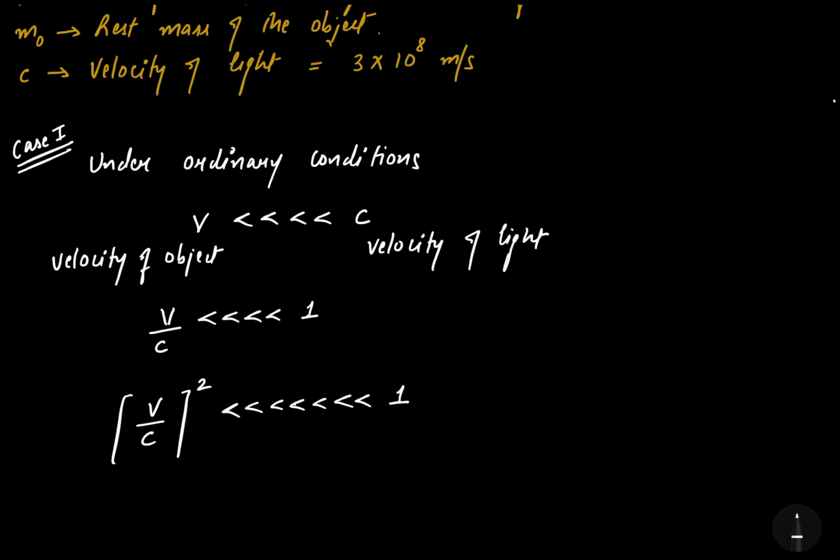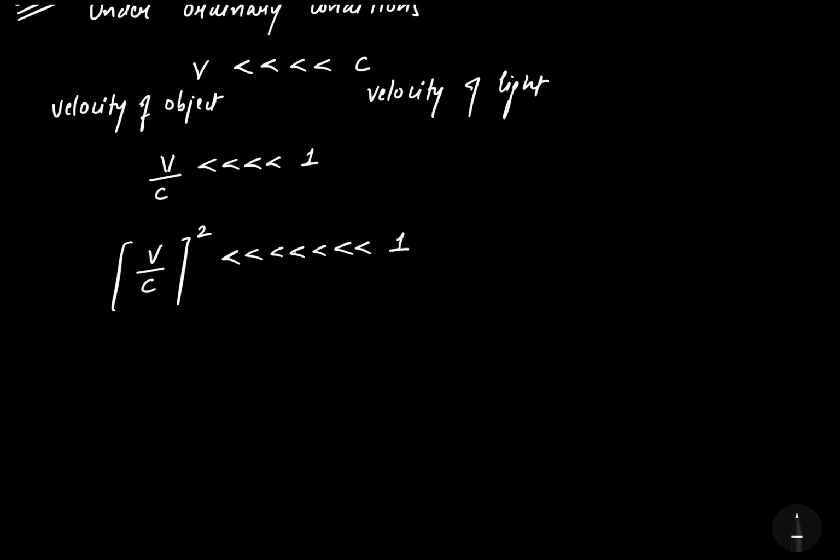So now let's substitute this value in the Einstein Relativity principle equation. It comes out to be m is equal to m naught divided by the square root of 1 minus v by c whole squared.